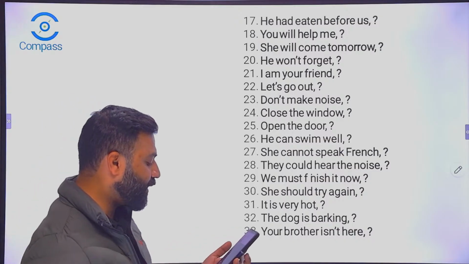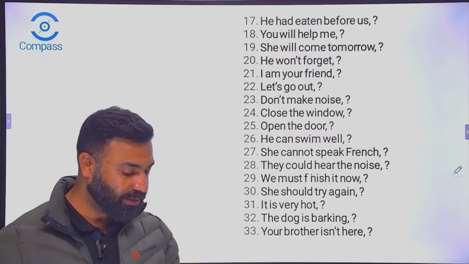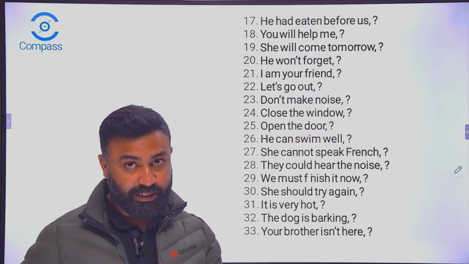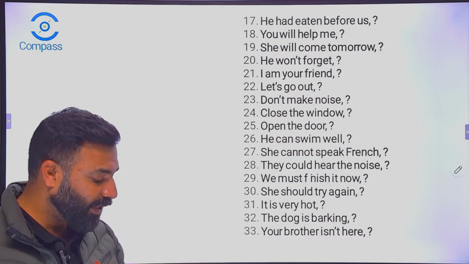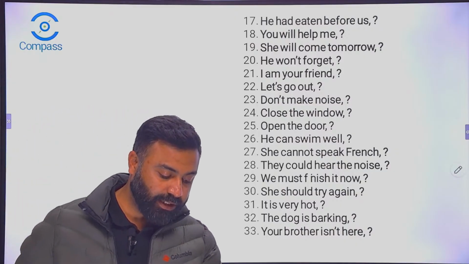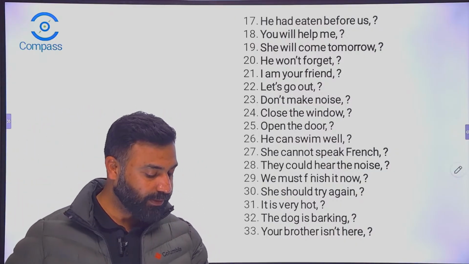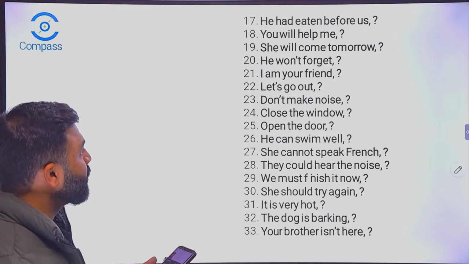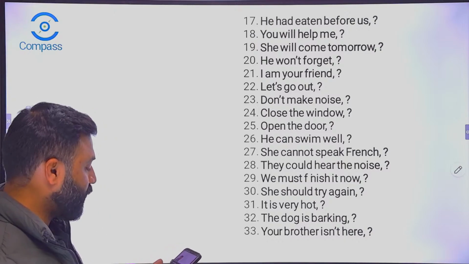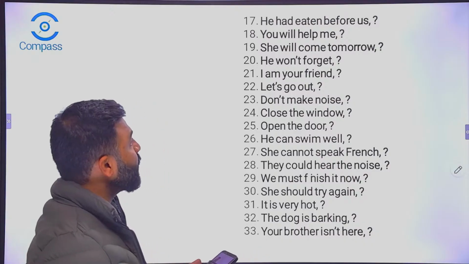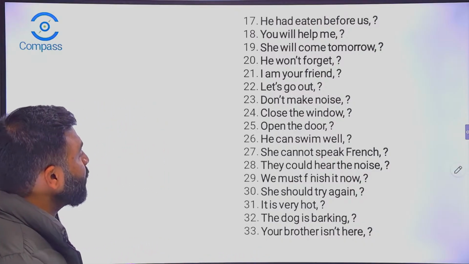18th one is also right. Yes, Molly, that's the right answer. Miss Thakur and Vrihan as well. If people have given the right answer, Vrihan, just one thing, you need to put an apostrophe, right? So that's the right answer. You will help me, won't you? Okay, so now we have number 19. She will come tomorrow.